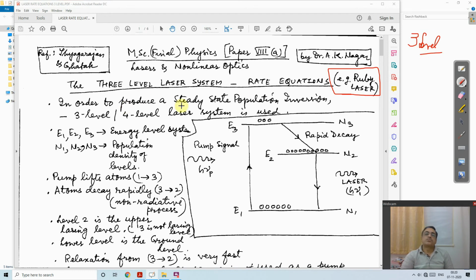In order to produce a steady state population inversion, a 3 or 4 level laser system is used.